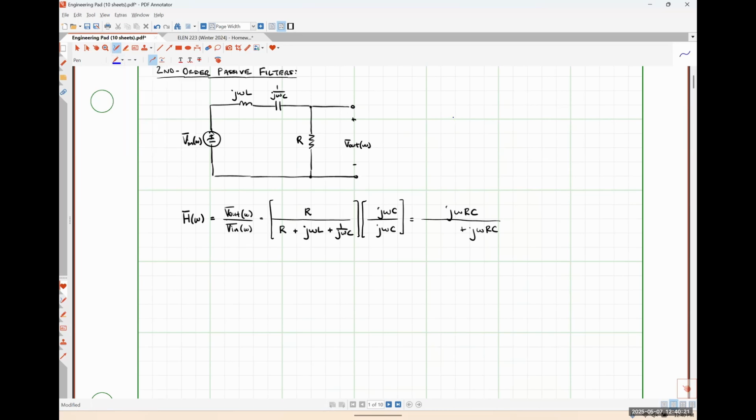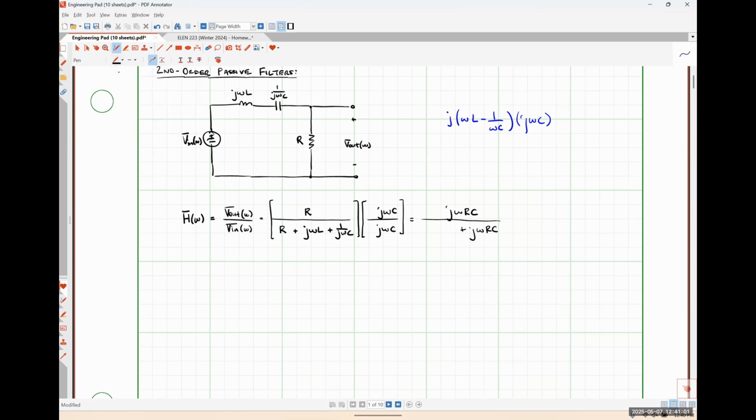Essentially, I'm having j times omega L minus 1 over omega C, is what this part can be rewritten as, because we know that 1 over j is the same thing as negative j, in the numerator, being multiplied through by a factor of j omega C. So j times j is going to look like a factor of negative 1.